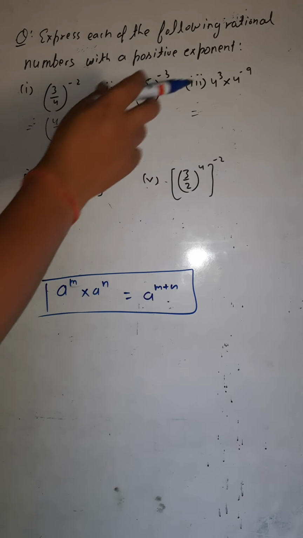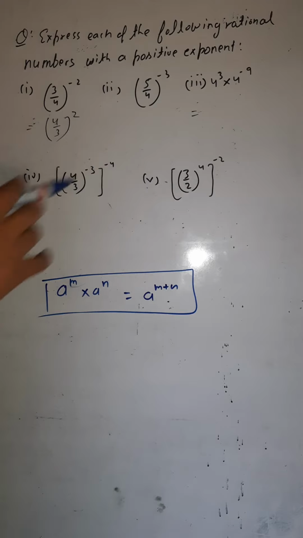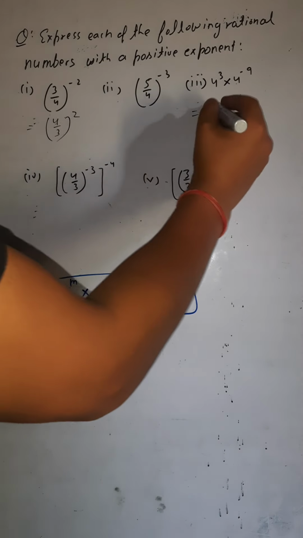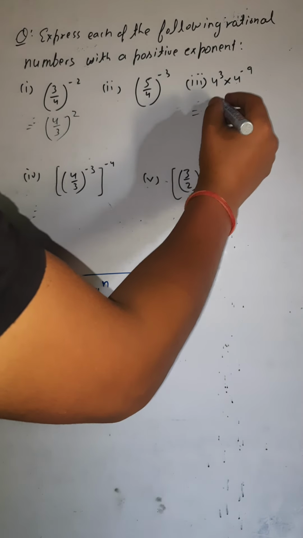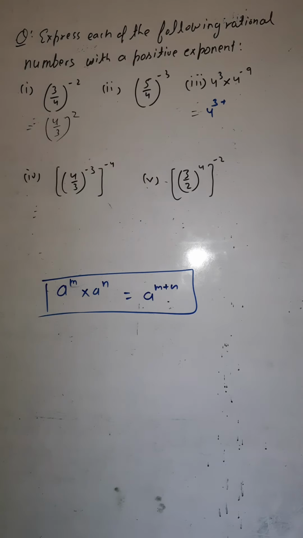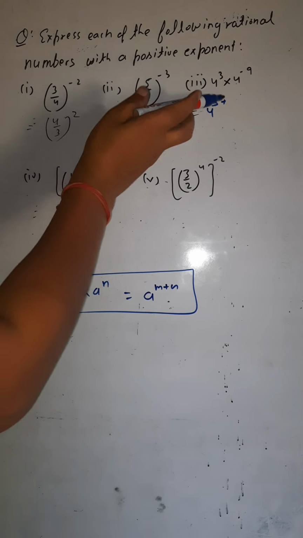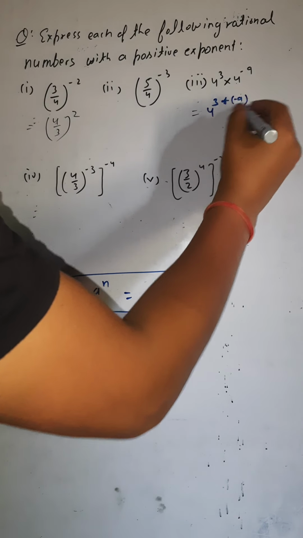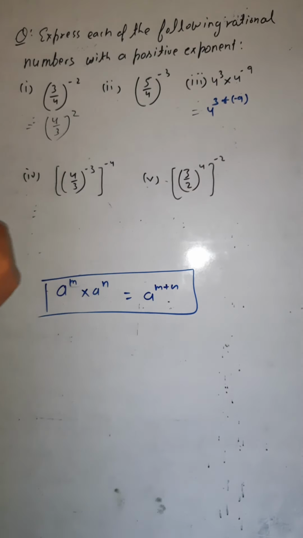So here in this case also the base is 4, here also the base is 4. If the base is 4, then the powers are going to be added. So you would write it like 4 raised to the power 3 plus minus 9. This is how you would write this.